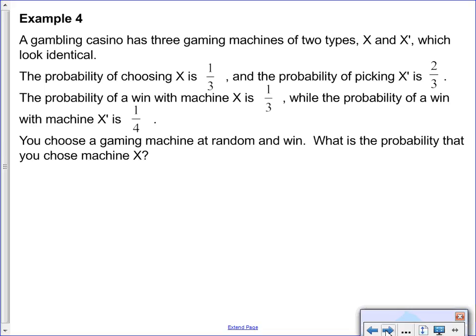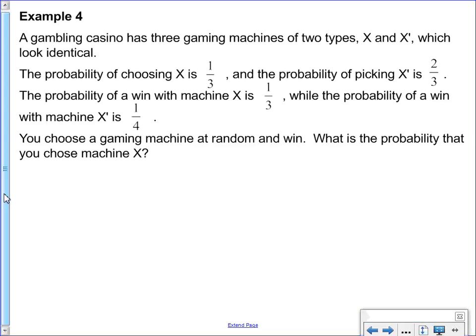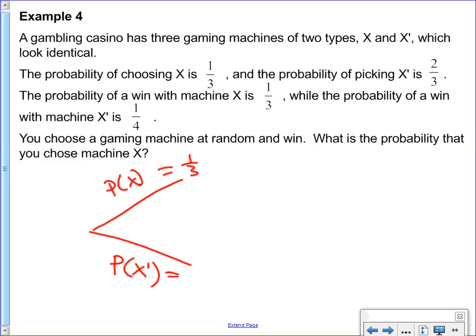Second, the tree diagram. Let's do it. You either pick machine X or machine not X. The probability of picking machine X is 1/3, and machine not X is 2/3. Then two possibilities, win or not win.